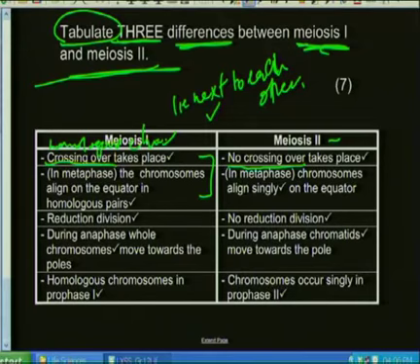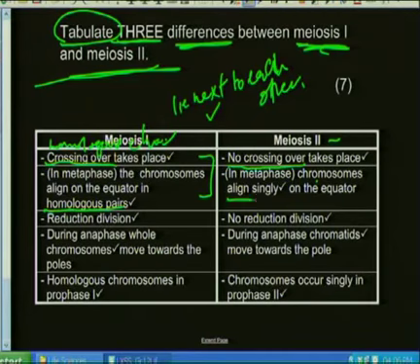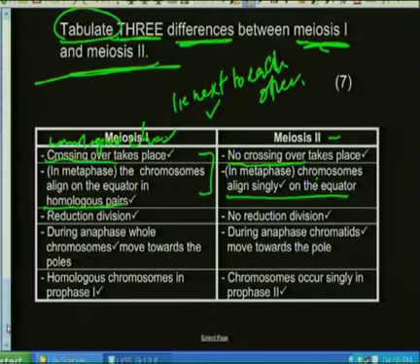And in metaphase, the chromosomes align in homologous pairs. In metaphase 1, the homologous pairs align themselves together at the equator. And in meiosis 2, they align singly on the equator. Meiosis 1 is a reduction division.